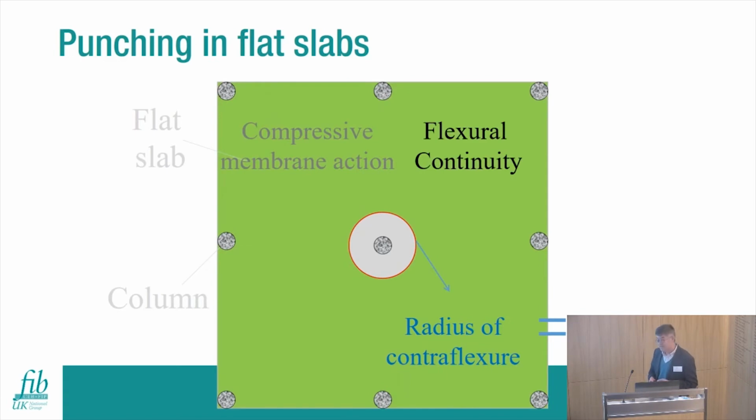And the other benefit comes from flexural continuity. And so here we have a redistribution of moment between the span and the support following cracking and yielding of reinforcement. And this leads to a reduction in the radius of contraflexure, which leads to a reduction in rotation and hence an increase in punching resistance.